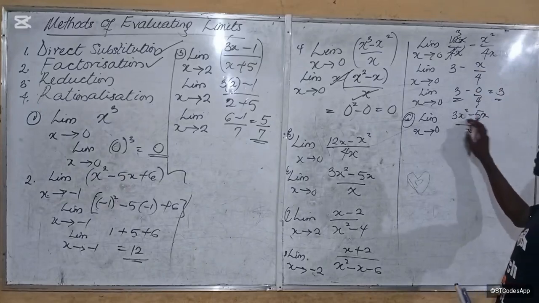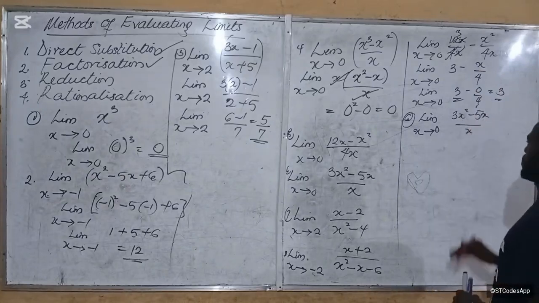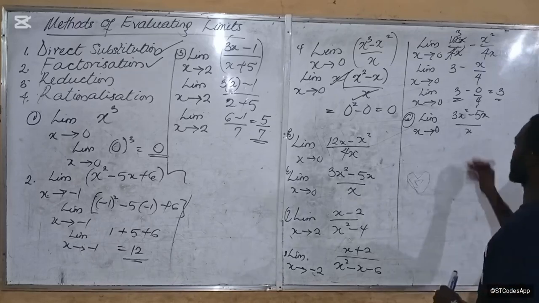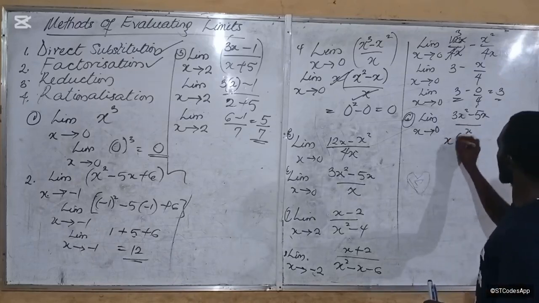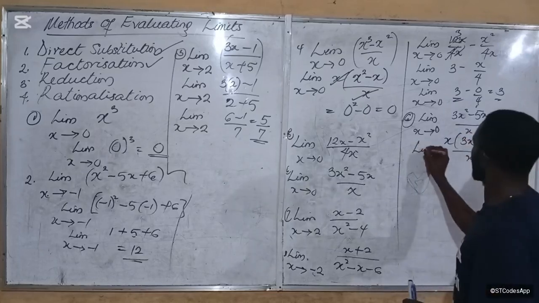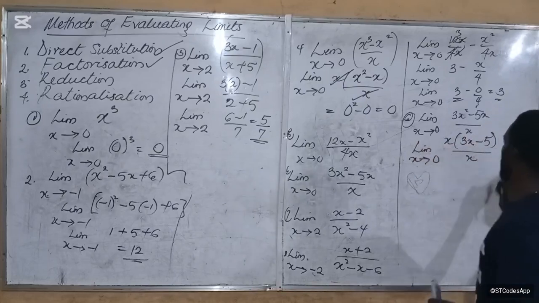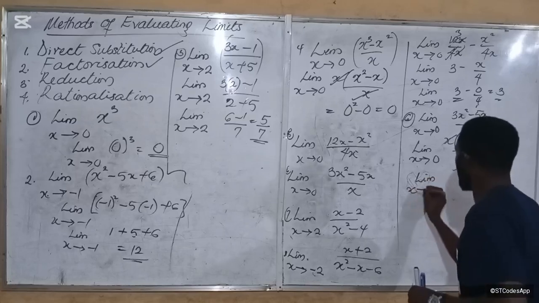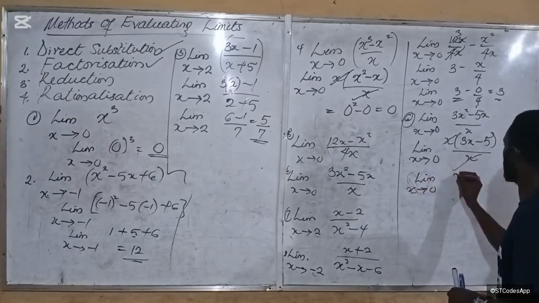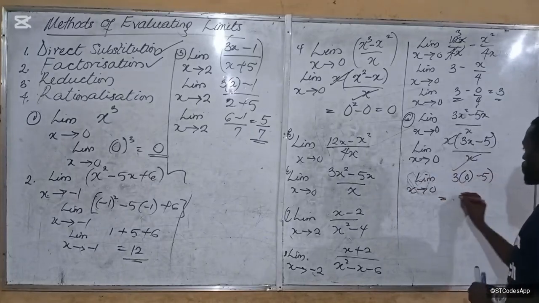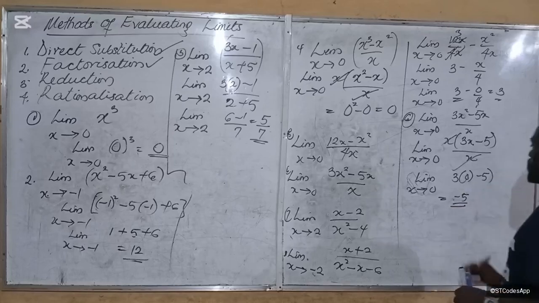I just divided the numerator by the same thing. Okay, but since we are talking about factorization, let's factorize. So we'll factorize x out here so that we have 3x minus 5 all over x, the limit as x approaches 0 of this. So x takes care of x. So by the time we substitute 0 into the equation, 3 into bracket 0 minus 5. So what do we have? 0 minus 5. The answer is minus 5.